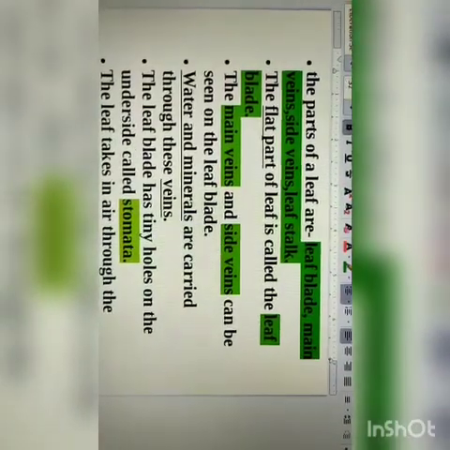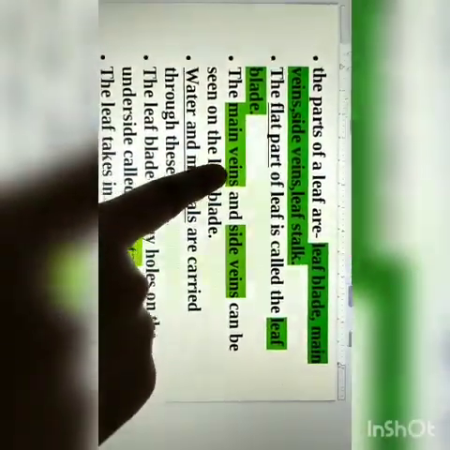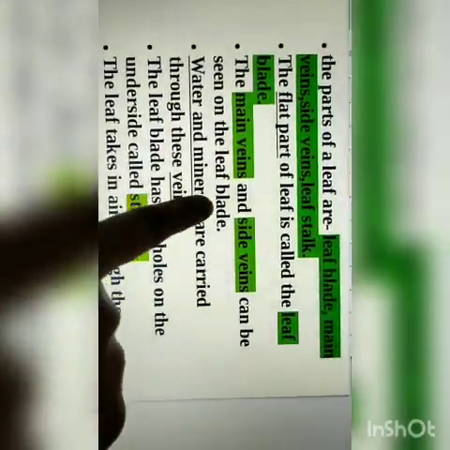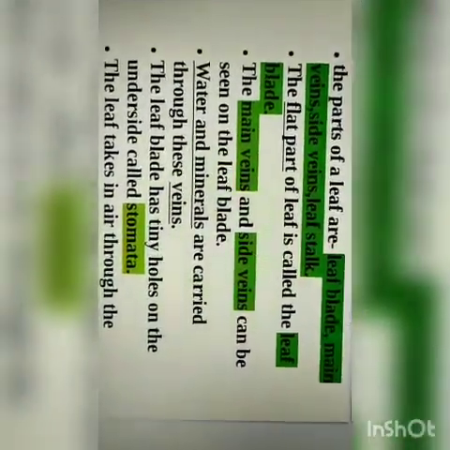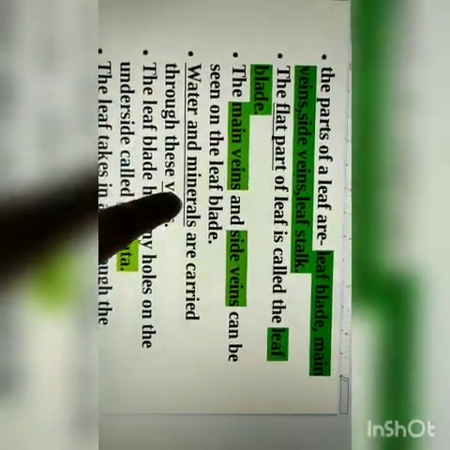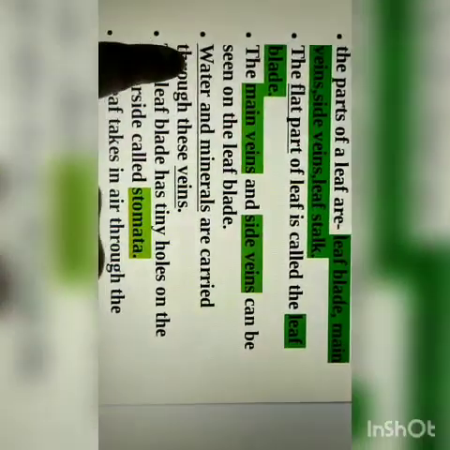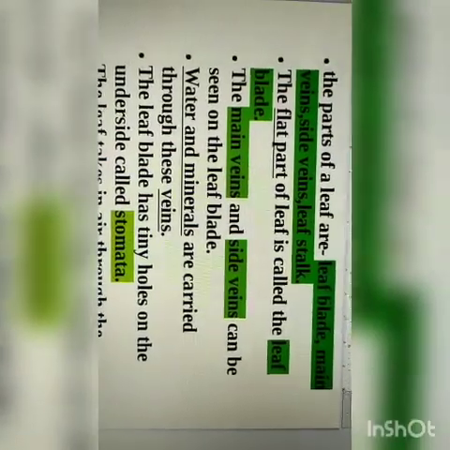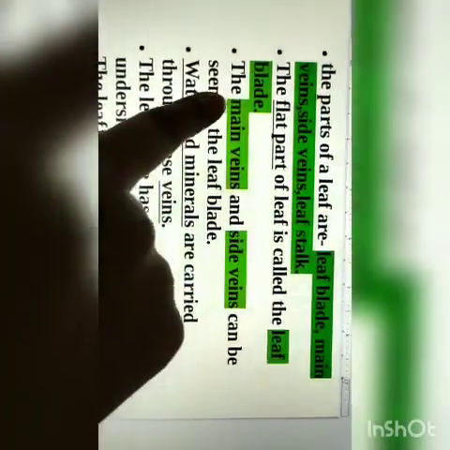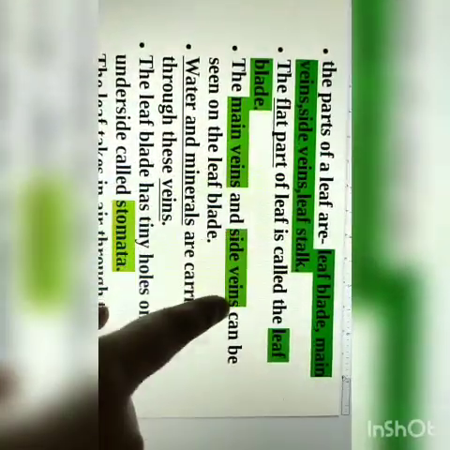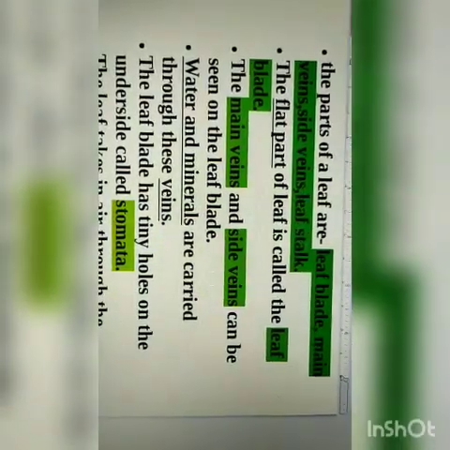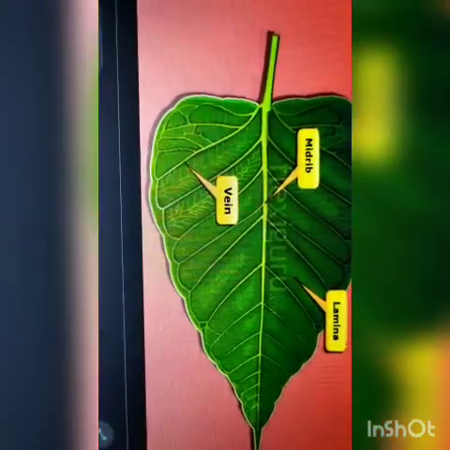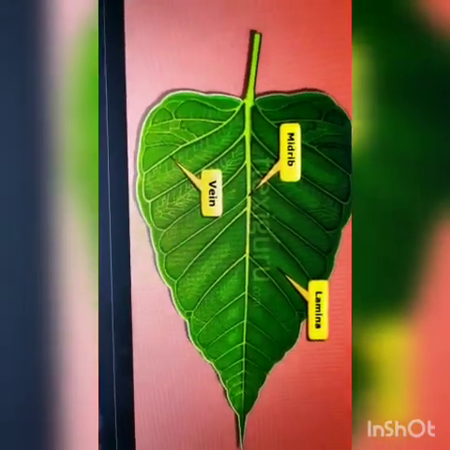Now, next, the main veins and side veins can be seen on the leaf plate. Water and minerals are carried through these veins. So, let us see what are main veins and side veins. Okay. See, in the middle of the leaf blade, you can see the main vein.